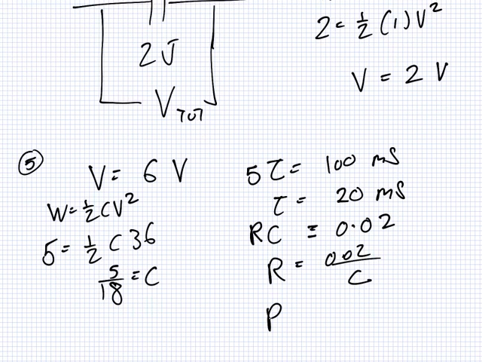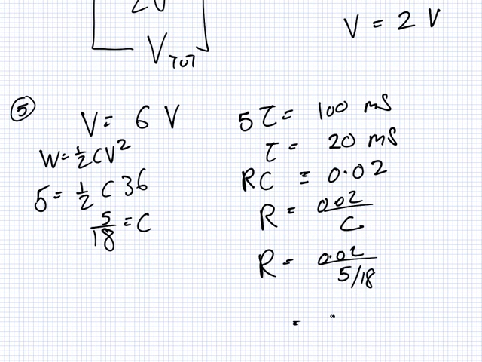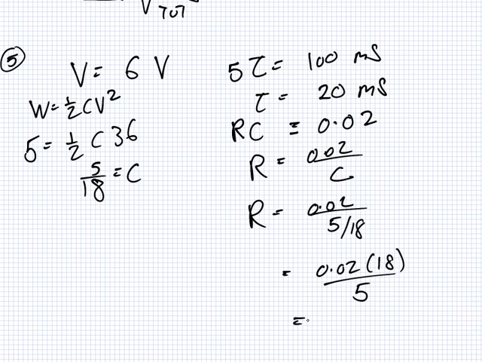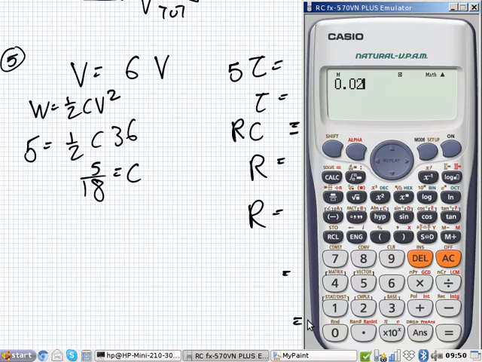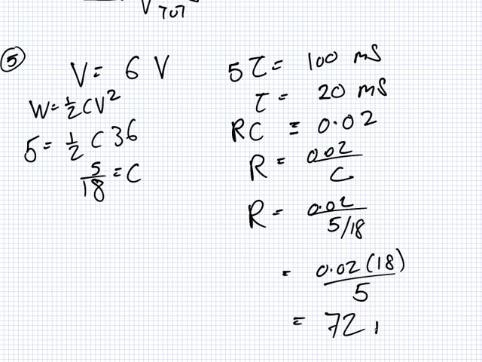So now I have my R. My R is 0.02 over 5 over 18. So that's equal to 0.02 times 18 over 5. Let's work that out. That is 72 milliohms. You got that? Good job.